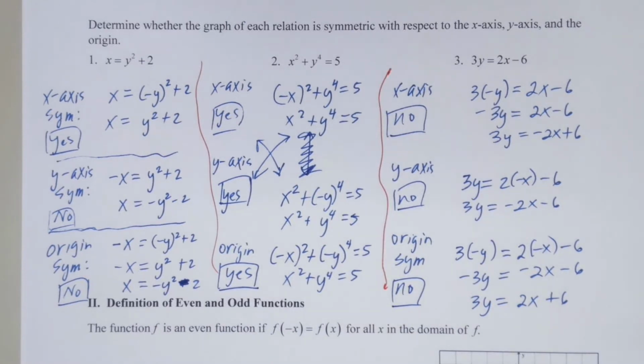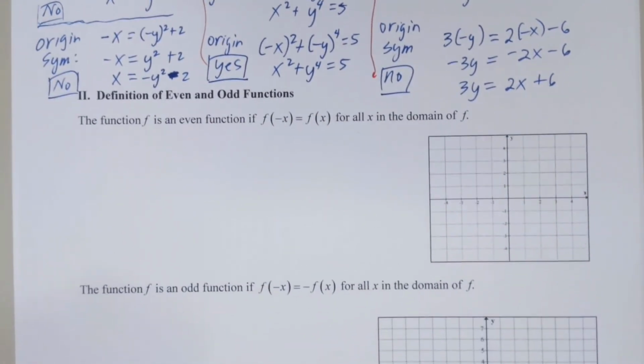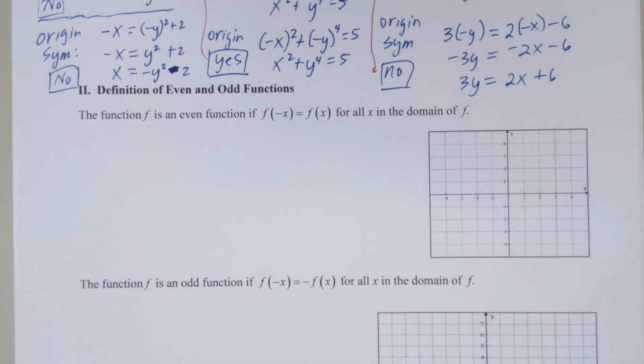All right. So what we just did is something that you'll run into on occasion in a calculus course when you're talking about symmetries. The thing that we run into more frequently is what we call even and odd functions. It's a more important part of what we do because in college algebra we're concerned about functions. That's what we're working with most of the time.